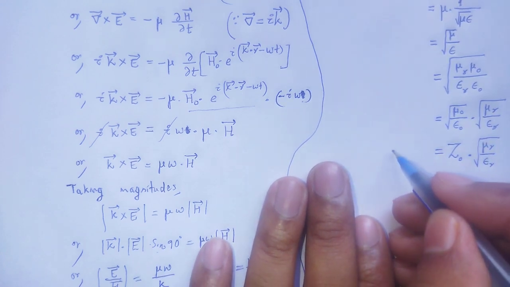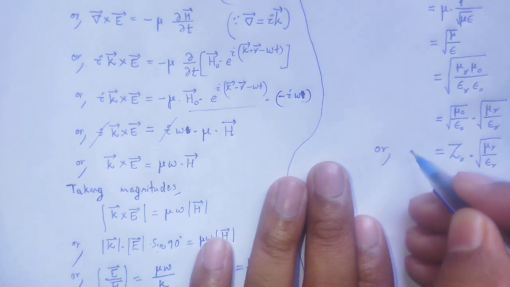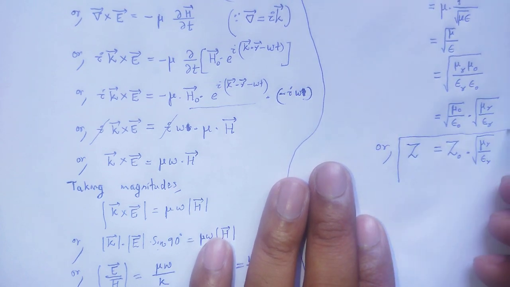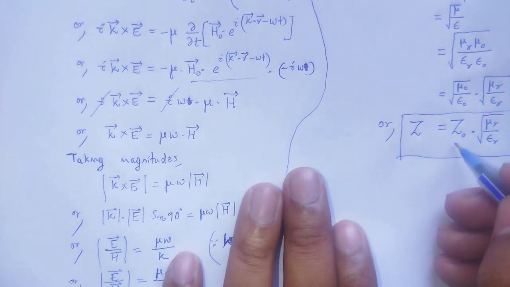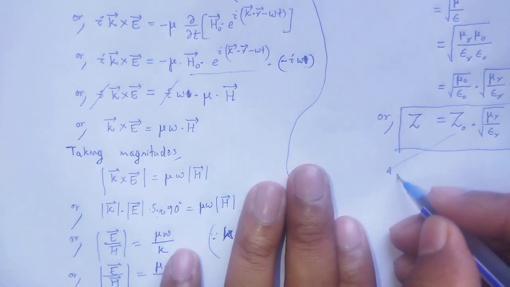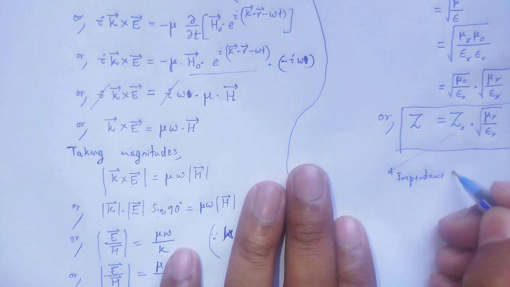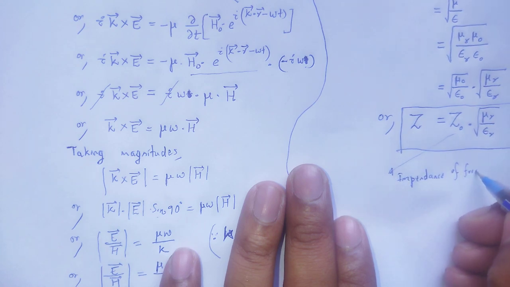That is the expression for Z, whereas Z naught is the impedance of free space.